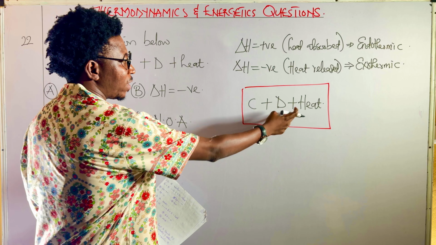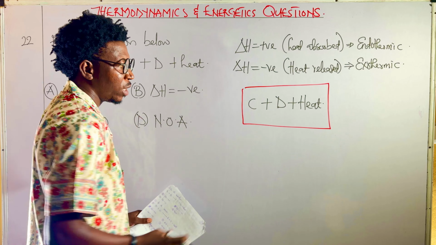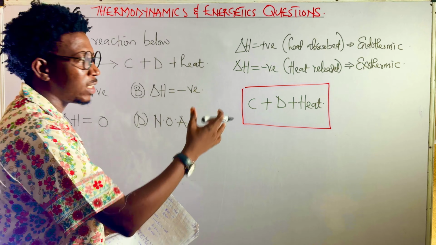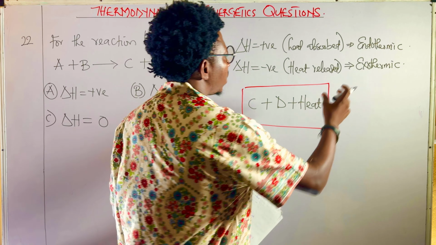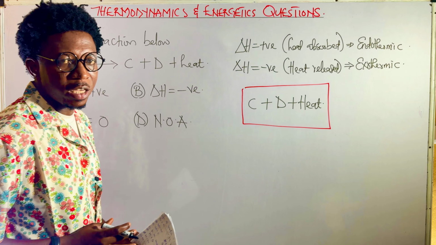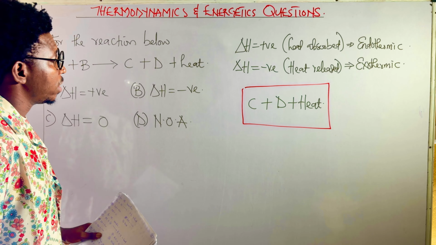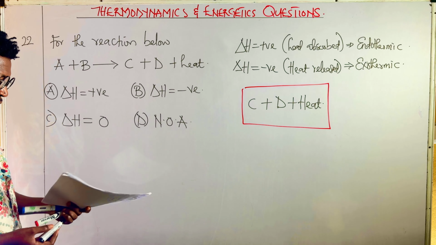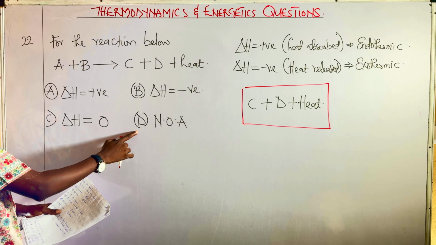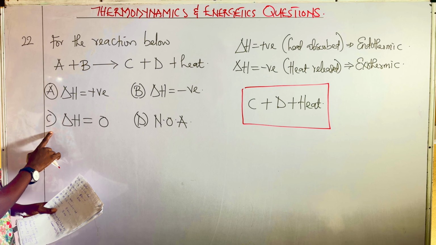So because I have heat associated with the product, this reaction releases what? Heat. And if it releases heat, the term used is what? Exothermic. And the sign for delta H is negative. So option D is not correct. Option C is not correct.